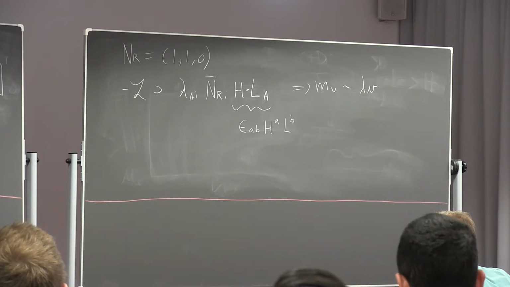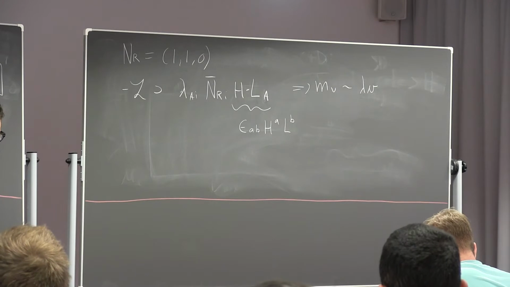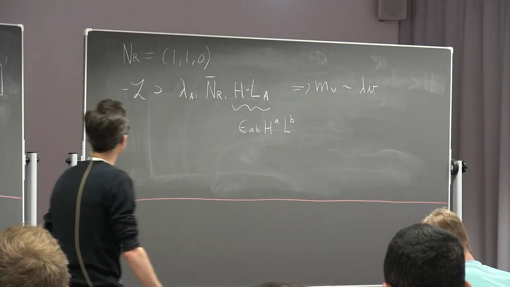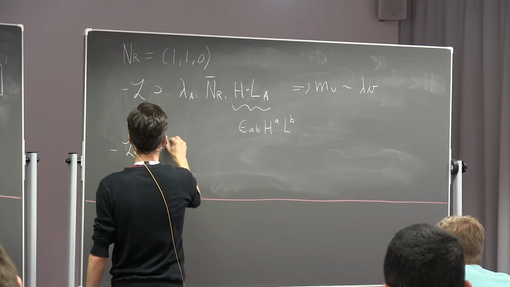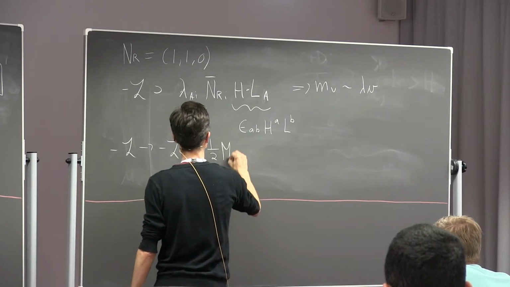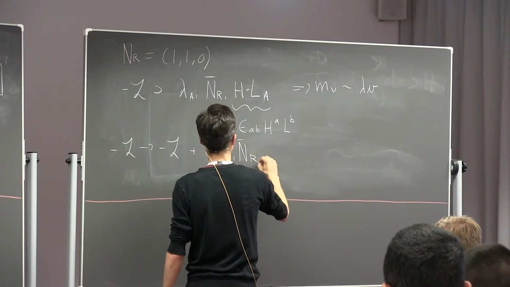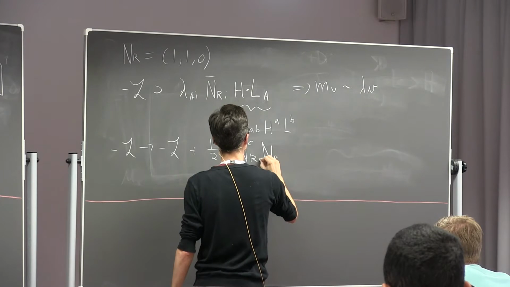So one way to get very small neutrino masses with bigger Yukawa couplings is to add a mass term for the right-handed neutrino. So if I take my L and I add to it a mass term for the right-handed neutrinos, I'm going to assume implicitly that it's a diagonal mass.